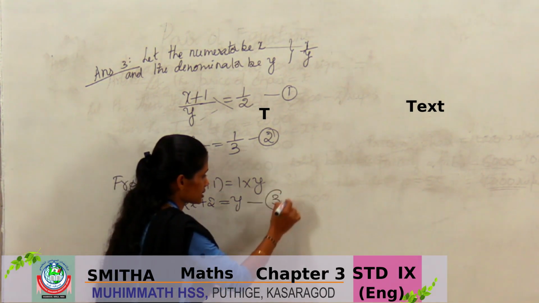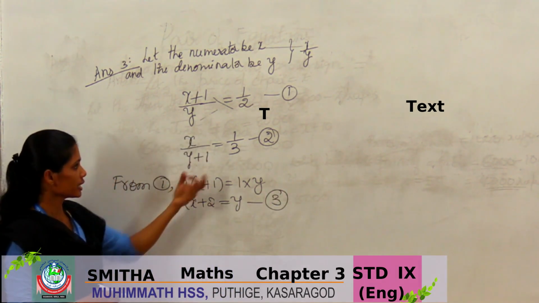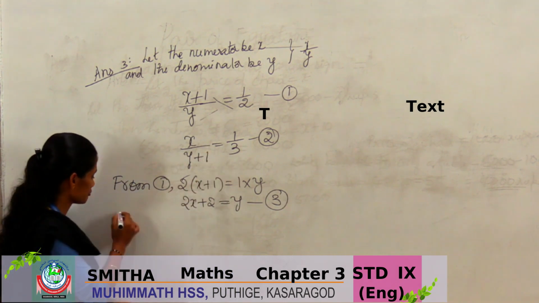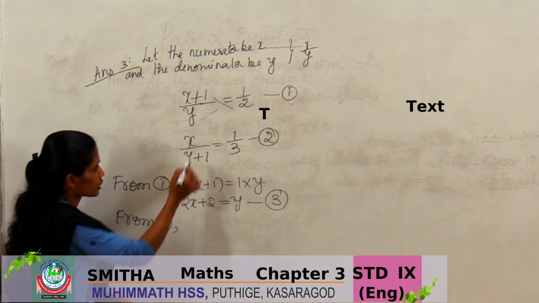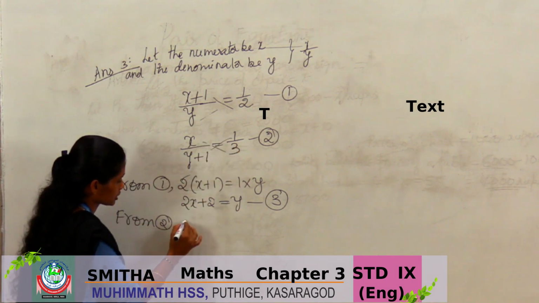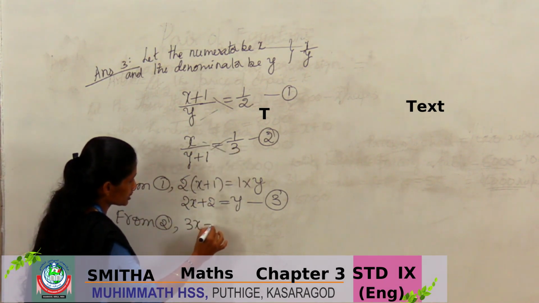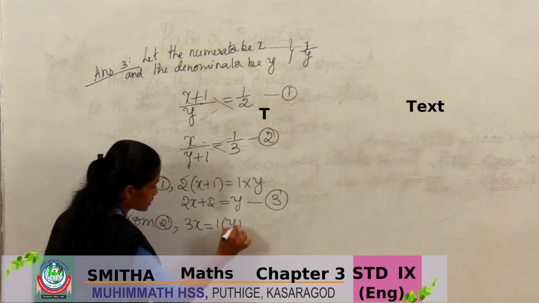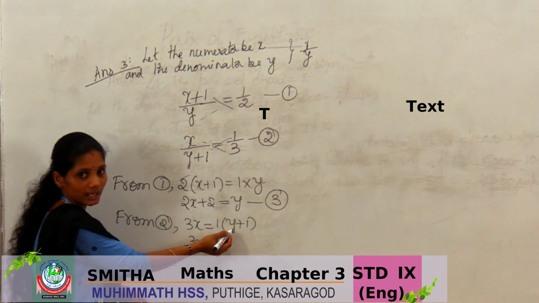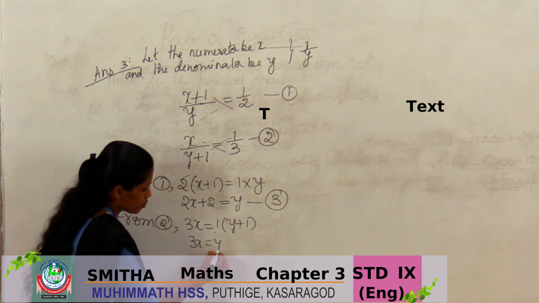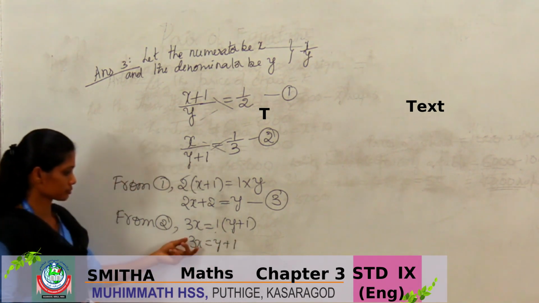Let us take this as third one. Now simplify second. Cross multiply: 3 into x is equal to 1 into y plus 1. 3x is equal to y plus 1.